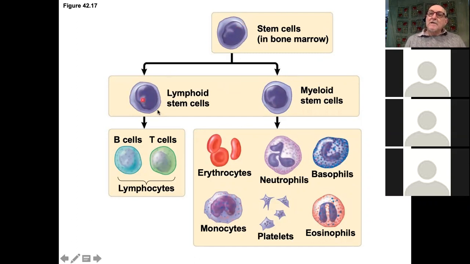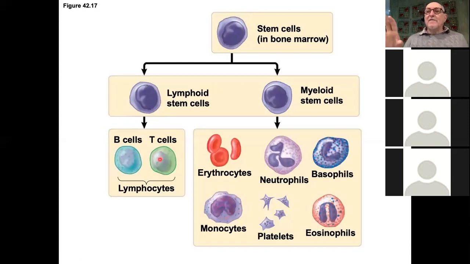The first line is called the lymphoid line, and this is a lymphoid stem cell that gives rise to various lymphocytes. And the lymphocytes we'll see in a minute. I'll show you an actual picture. They are relatively small cells, and they have a very large nucleus that almost fills the cell.